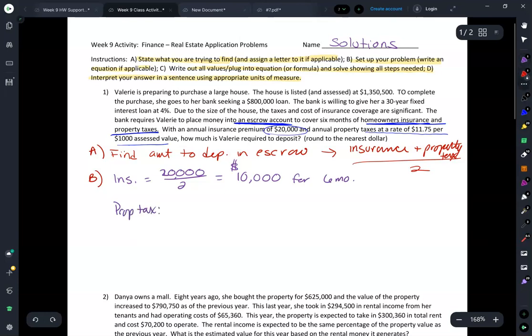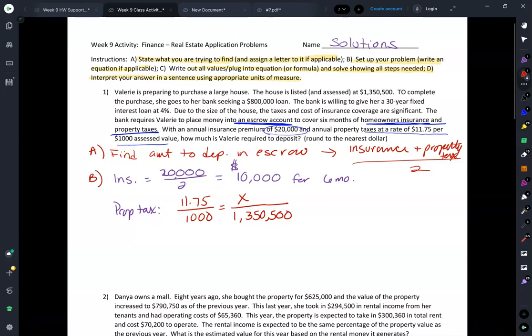You could do a proportion. You could say if it's $11.75 per 1,000, that would equal X dollars per her $1,350,500.